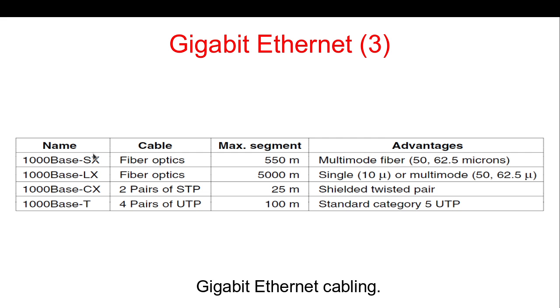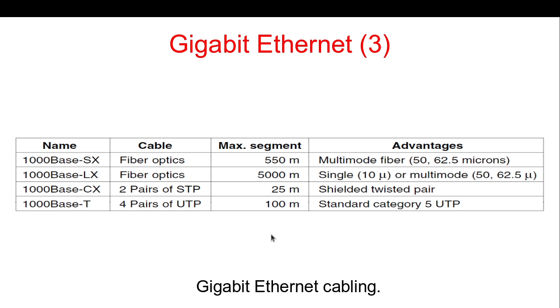In the case of 1000 base SX, a multi-mode fiber of diameter 62.5 microns is used. In the case of 1000 base LX, a single-mode 10 micron fiber or multi-mode fibers of 62.5 microns is used.